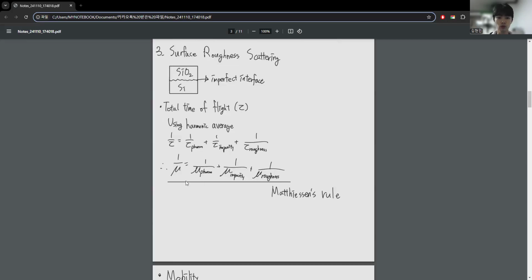Tau is proportional to mu, so 1 over mu equals 1 over mu phonon plus 1 over mu impurity plus 1 over mu roughness. This is Matthiessen's rule.